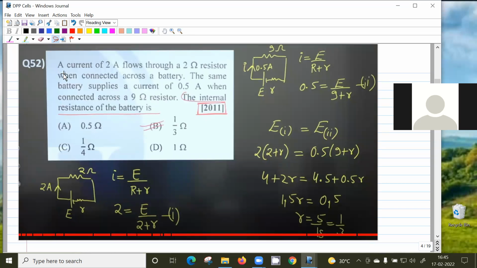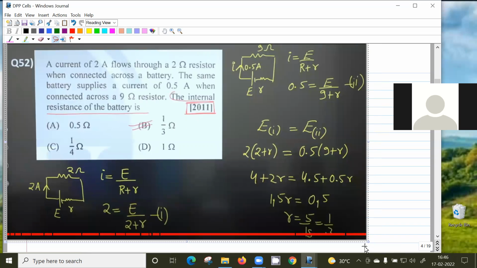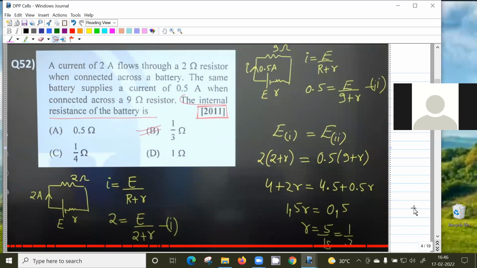What about this one? 2 amperes flows through a 2 ohm resistance connected across a battery. The same battery supplies 0.5 amps with another resistance. This is also very simple. Shall we skip? You can do it, right?